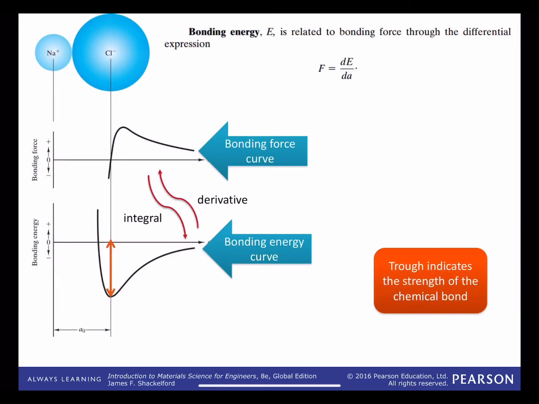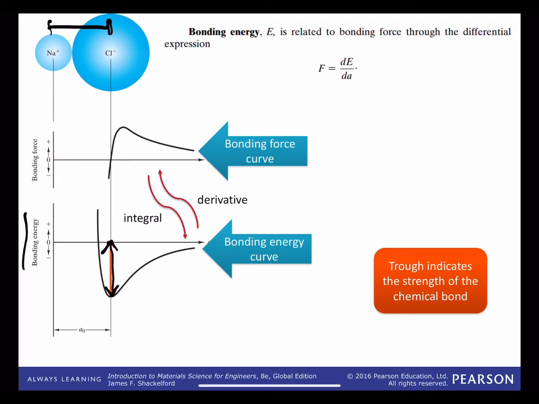So a takeaway from this idea is that if we're able to generate the bonding energy curve, we know the bond strength or the bond energy value of the two ions. So we know the energy associated with keeping these two together. And that's generated by the depth of the well here. The deeper we go, the stronger the bonding energy between the two.